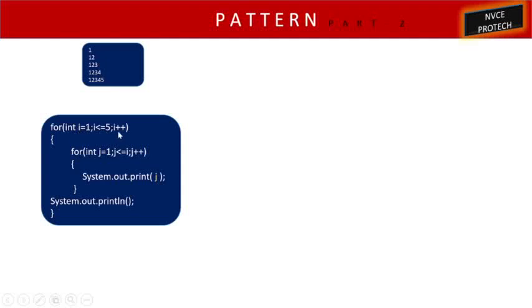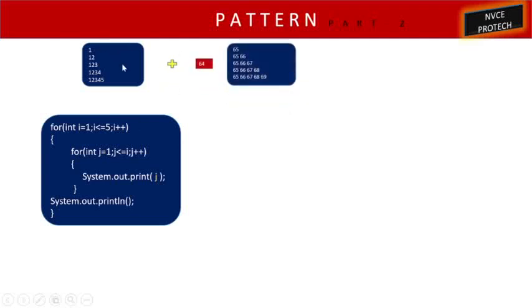And the inner loop is based on 1 2 3 4 5. So for int j = 1, j <= i, because I have taken slanting values for the outer loop, so it is i over here, and j++. System.out.print(j), and then System.out.println for the jump statement.